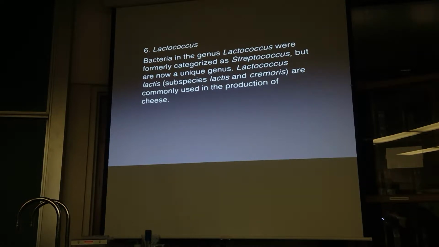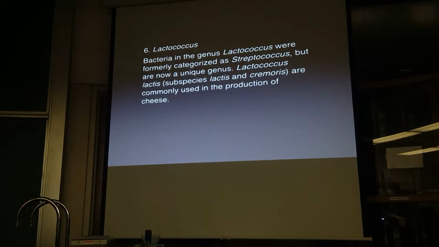These guys are also used in the production of cheese. In fact, they're probably the most common. We have a chart of different types of cheeses in the lab manual, so when you get to the food microbiology section, you look at a lot of different types of cheese and they will tell you that the cheese contains Lactococcus lactis or cremoris. Well, it turns out they're all Lactococcus lactis, and lactis and cremoris are subspecies.